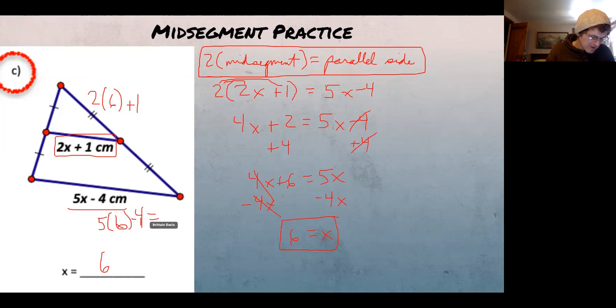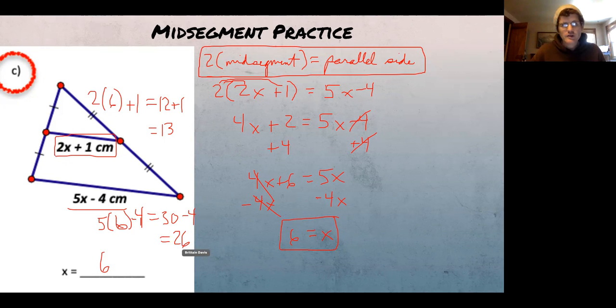So I'll just start up here. 2 times 6 is 12 plus 1 is 13. So I've got 13 for the midsegment. Now if I do this on the bottom, 5 times 6 is 30 minus 4. 30 minus 4 is 26. So I just need to ask myself, is 13 half of 26? Yes, it is. So we did this right. There is a way of checking your work. Okay.